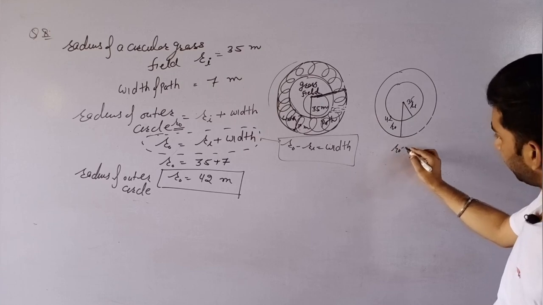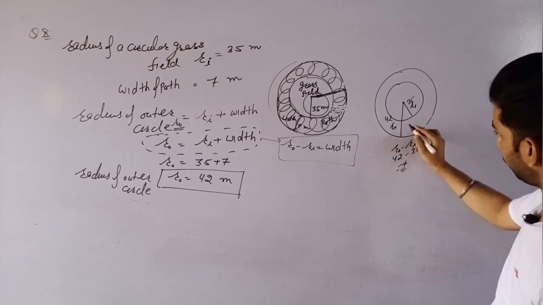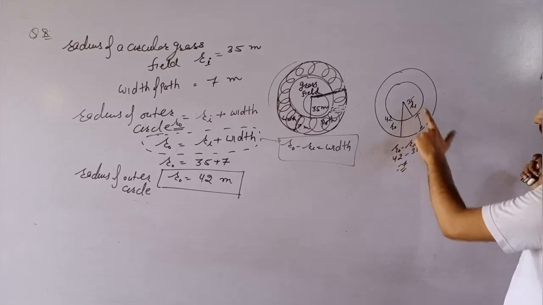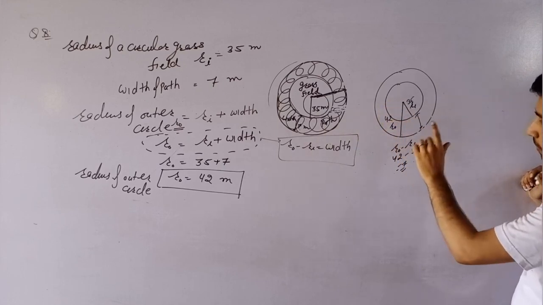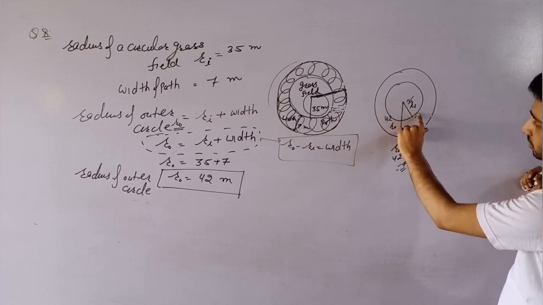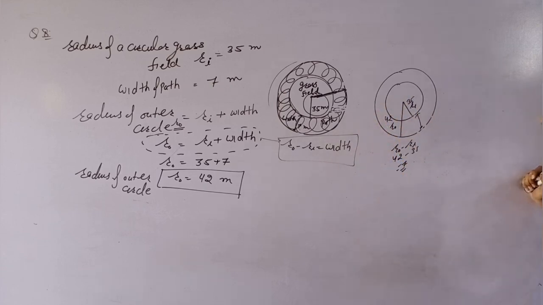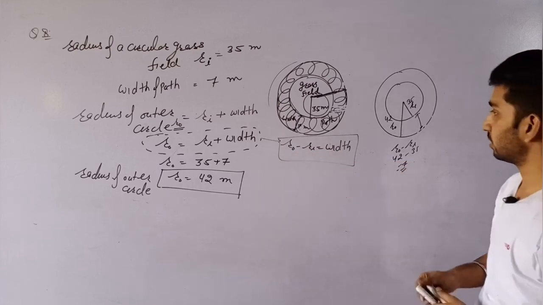R outer minus R inner, 42 minus 35, which is 7, which is width. It is the relation between R outer, inner and width. R outer minus R inner is width, and R inner plus width is R outer. R outer minus width is R inner. So R outer minus R inner is width.